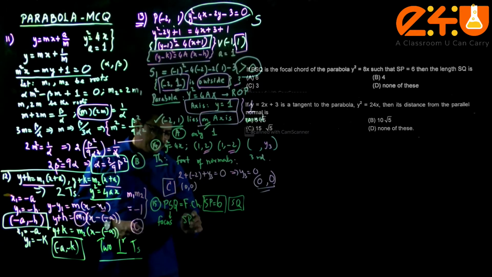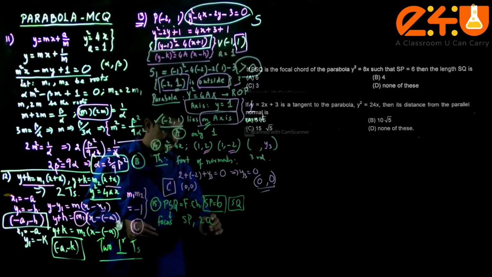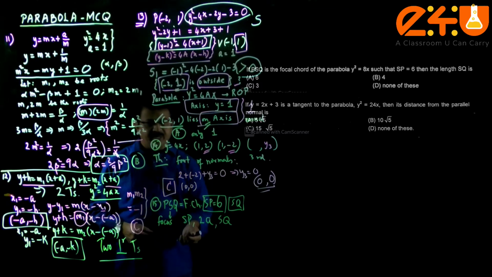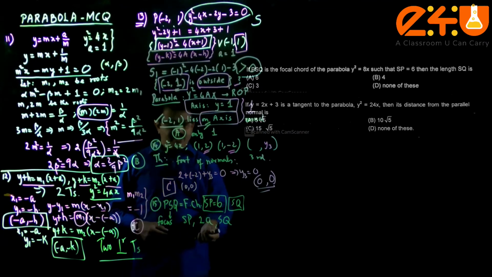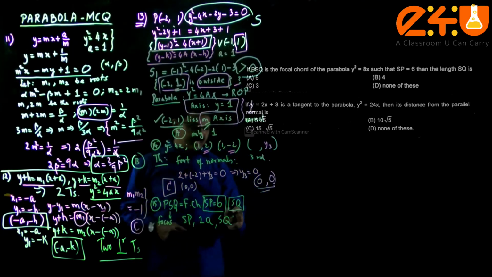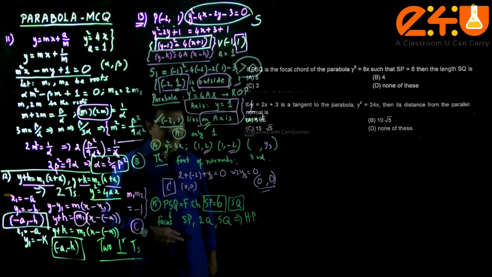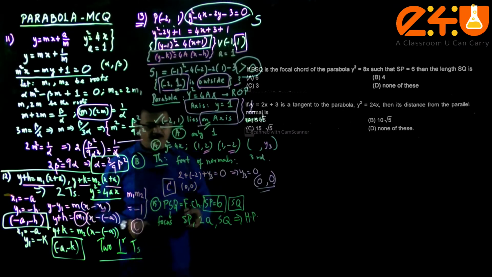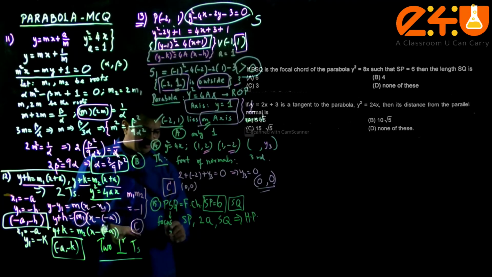Well, I have already studied and I think I made you enlightened in the theory session very well that SP, the semi-latus rectum, and the other segment SQ, SP first segment, semi-latus rectum SLR and SQ third, the other segment, they form a harmonic progression. Since they form a harmonic progression, very simple, the middle term 2a is the harmonic mean.